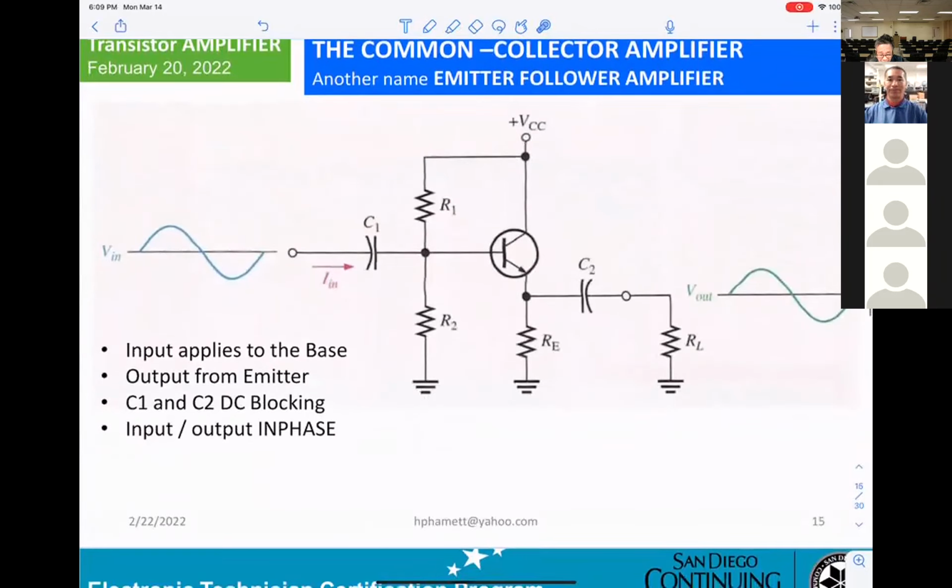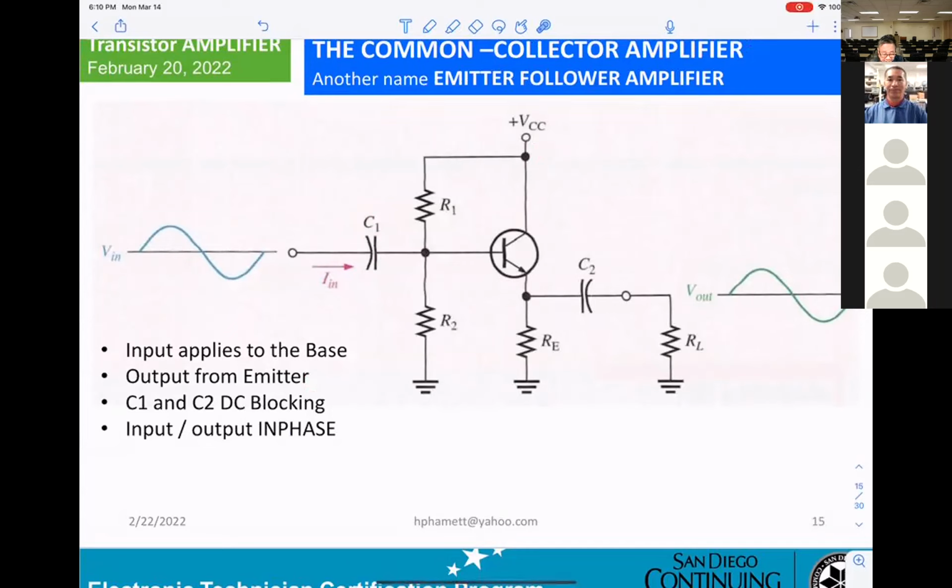This is how the circuitry looks. VCC connects directly to the collector. Divider here. This capacitor is DC blocking, and this capacitor is also DC blocking.